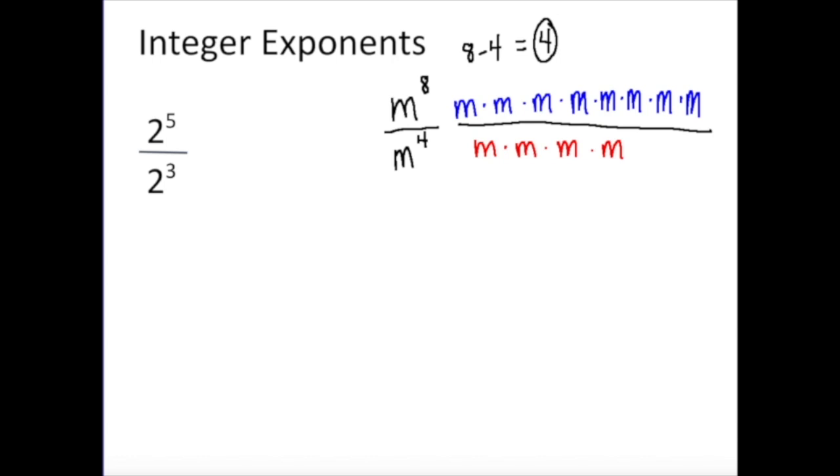And so m divided by m is 1. Anything divided by itself is 1. I can cancel these out. And what I am left with right here is 4 m's, m times m times m times m. So the answer then is m to the 4th power. Again, our strategy does work.